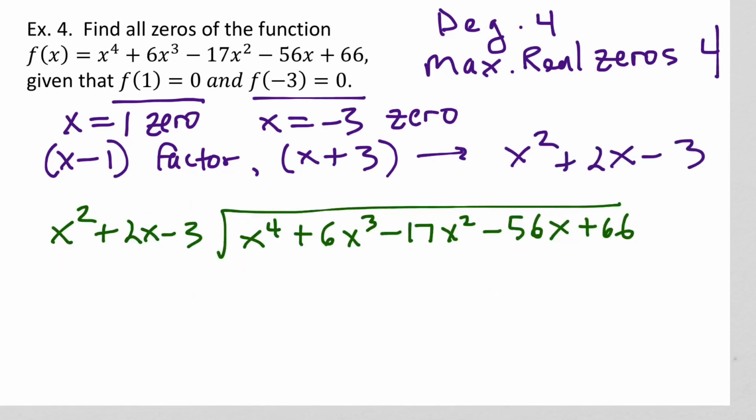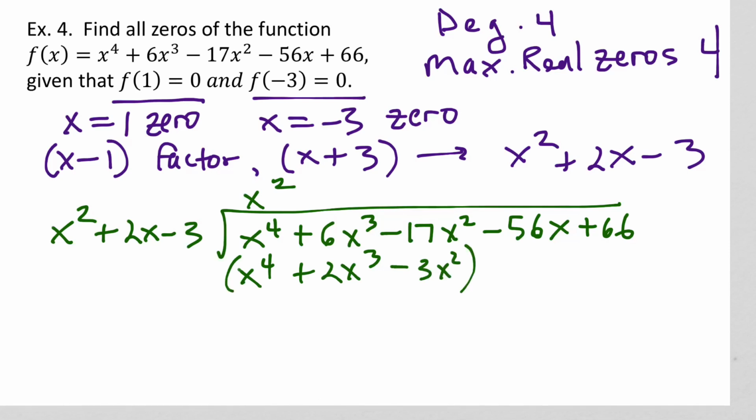All right, I set it up. Now let's do the division, and we're expecting to get an r of x equal to 0. So I ask myself, what do I have to multiply x squared by to get x to the 4th? So that would be x squared. x squared times x squared is x to the 4th. x squared times 2x is 2x cubed. x squared times negative 3 is negative 3x squared.